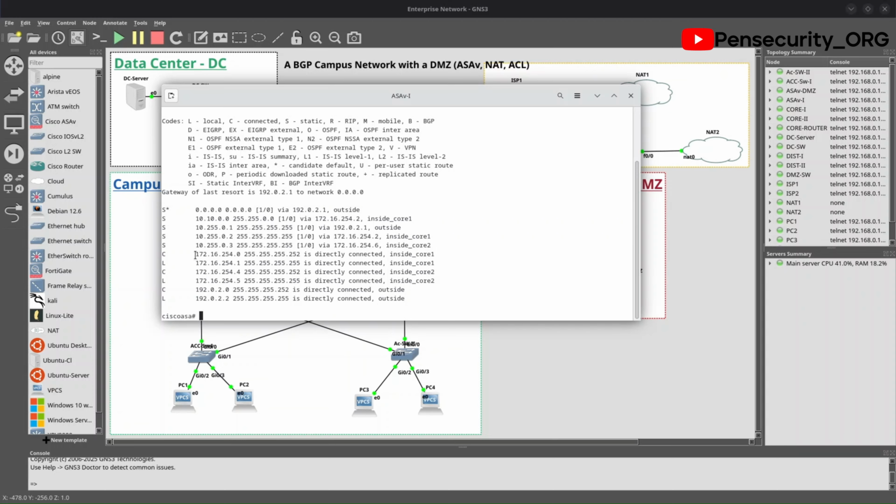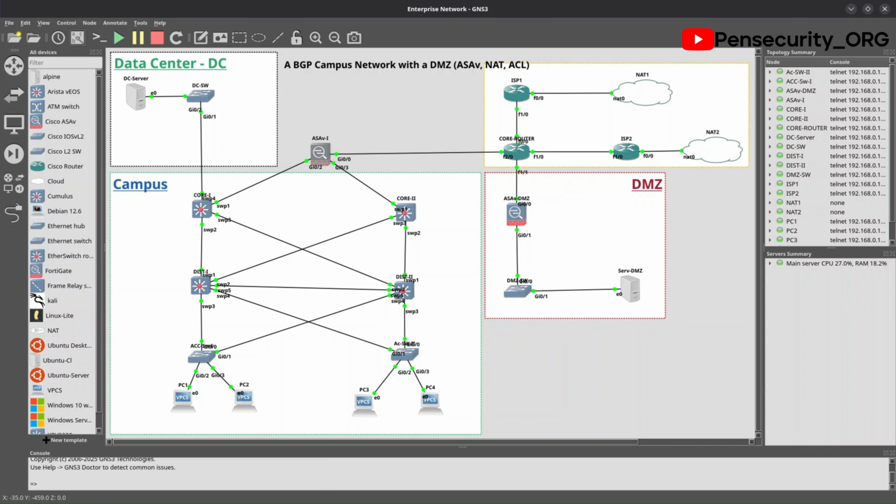Then we have 172.16.254. This route, it's the core 1 and core 2 IP addressing. So it has the inside and the outside network. That is how the firewall works. It protects the inside and the outside network, like it moves traffic in and out. So this is our IP addressing scheme.